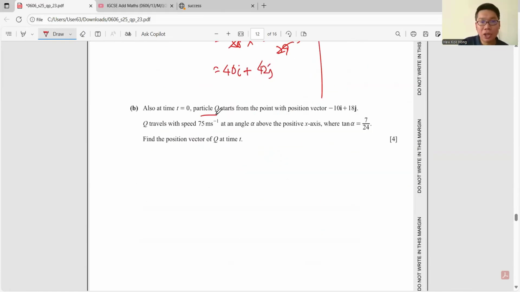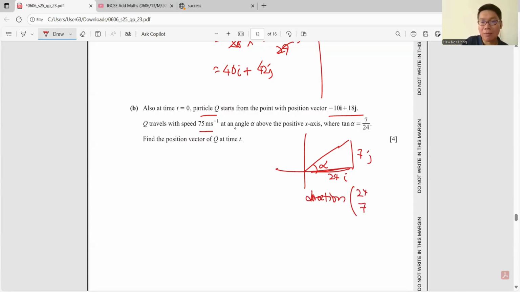Also at time t, q start at a point with this position, and then it travel with this speed with an angle above positive x-axis. They say tangent alpha is opposite over adjacent. You should know this 24 is your i, 7 is your j. So the direction is given as 24i, 7j.